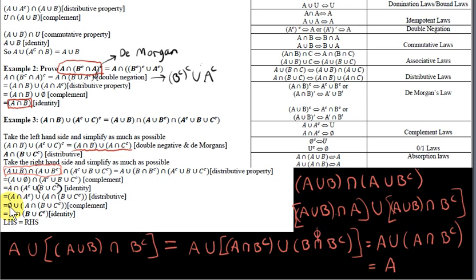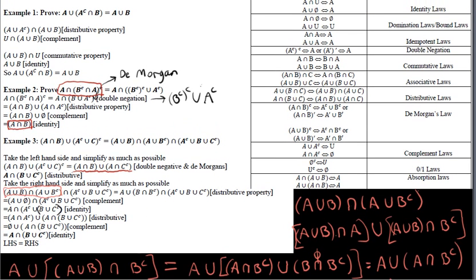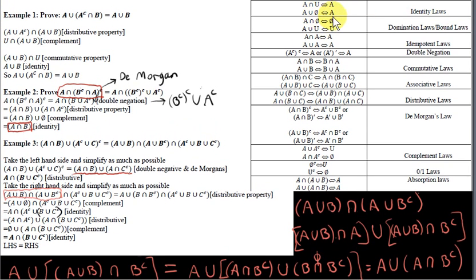So we end up uniting the empty set with A intersecting B union with C complement. But of course, if we unite the empty set with any set, we just get that set. That's one of the identity laws. It's covered up here. A united with the empty set is just A. So we end up getting the same thing on both sides. So in this example, it was easier to take both sides and break them down until we got the same thing, which proves this example.